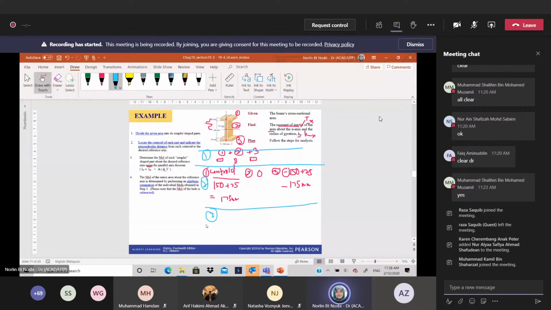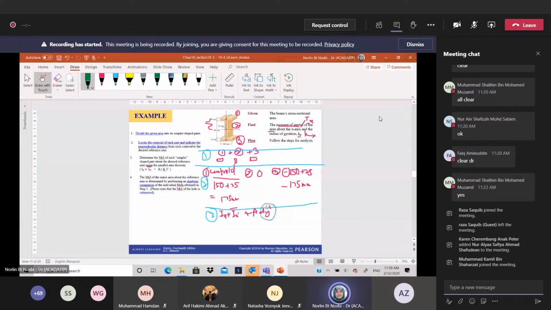So step 3, you have to use the equation. The equation is Ix equals I bar x plus the area times dy squared. So the dy is the centroid.